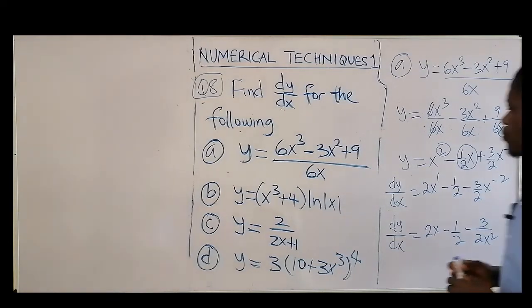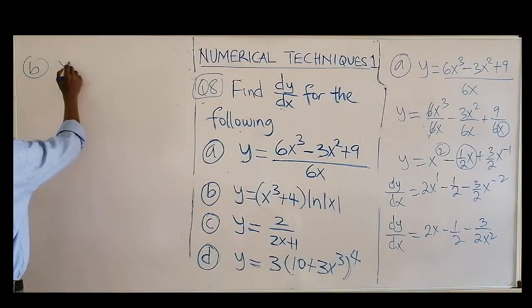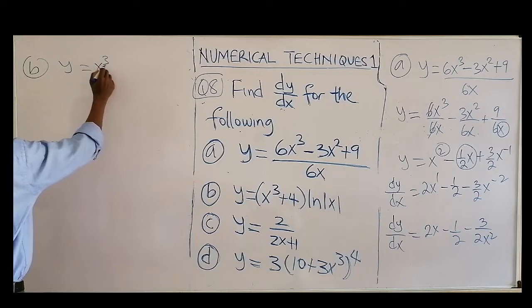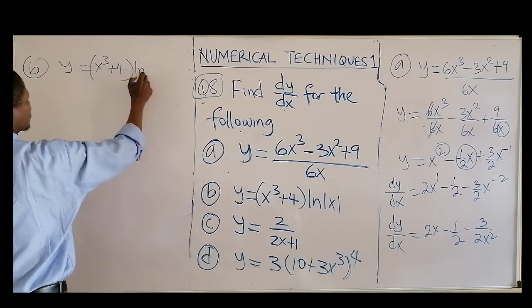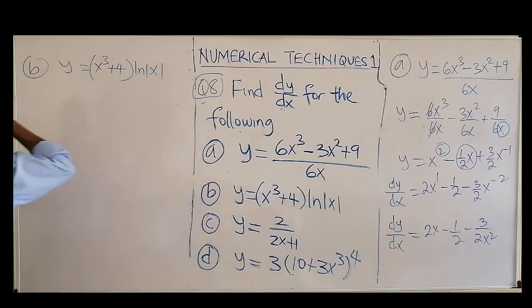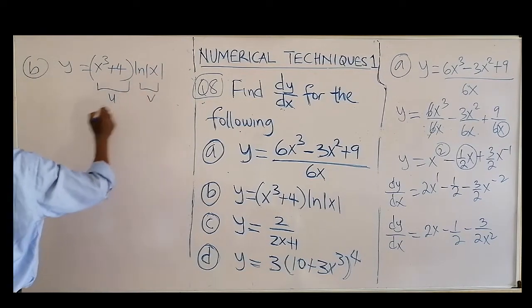We'll go to question 2, the B part. We have y equal to x cubed plus 4 times ln x. This is a product rule where this one is u and this one is v.